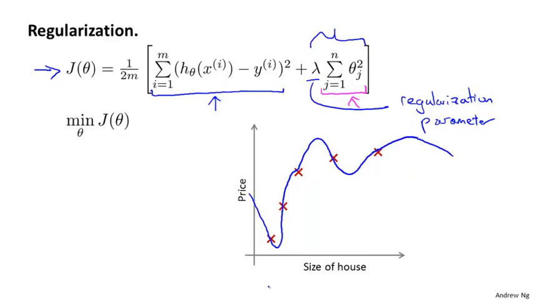If you still fit a high order polynomial with all the polynomial features in there, but make sure to use this regularized objective, then what you can get out is a curve that isn't quite a quadratic function, but is much smoother and much simpler, maybe a curve like the magenta line that gives a much better hypothesis for this data. Once again, I realize it can be difficult to see why shrinking the parameters can have this effect, but if you implement this algorithm yourself with regularization, you will be able to see this effect firsthand.